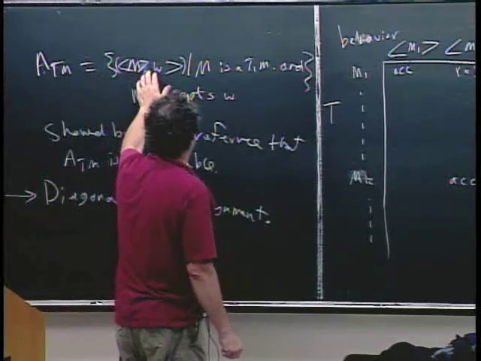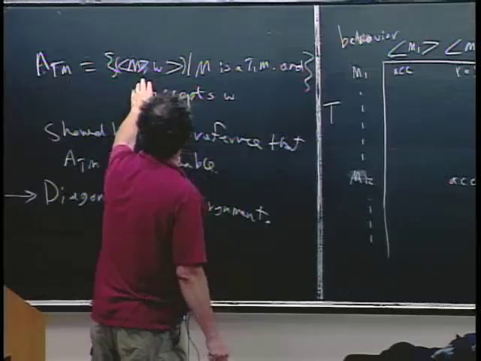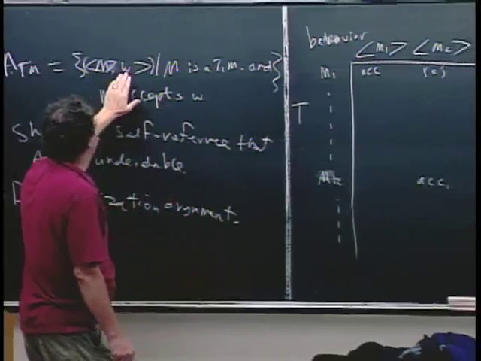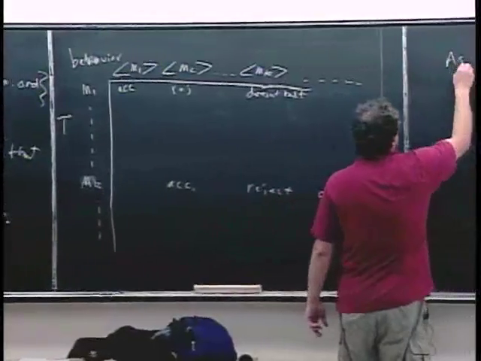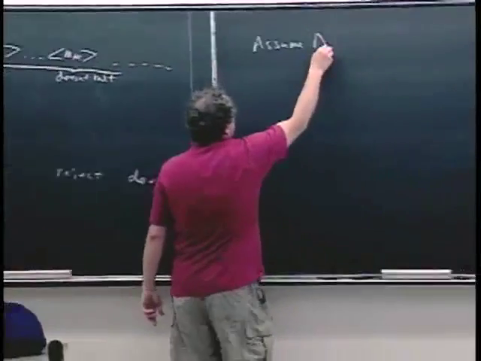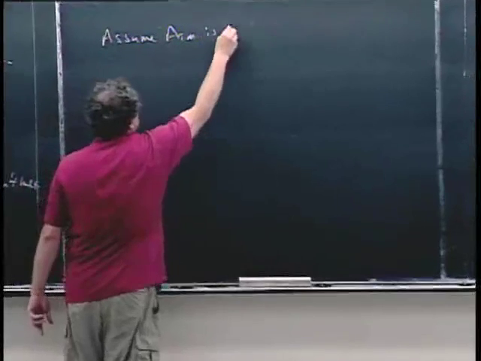Okay, and that supposed Turing machine will decide whether Turing machine M accepts W. So we assume ATM is decidable.